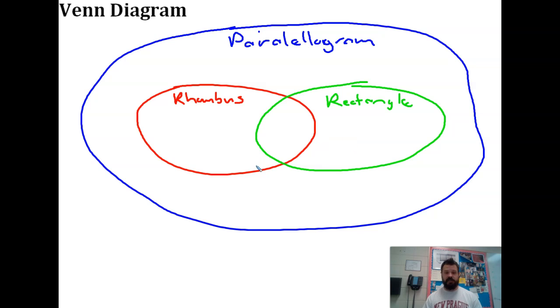Same thing with rhombuses. This overlap, this intersection, is a representation of squares: everything that is both a rhombus and a rectangle. So that's how everything we're talking about today fits together. It's good to have a good understanding of this relationship, especially when we want to figure out which properties I can use for a given shape. It's good to look back at this diagram here.